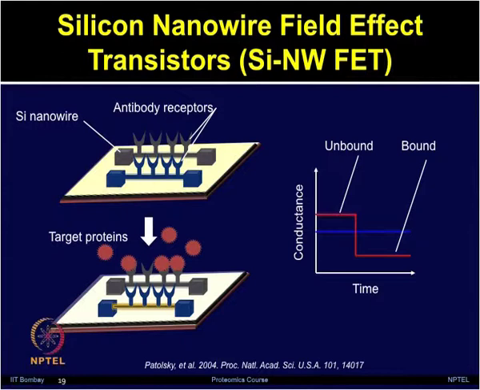So, from the unbound to the bound state, there is a change in the conductance, and that is measured to detect the interaction of antigens and antibodies.